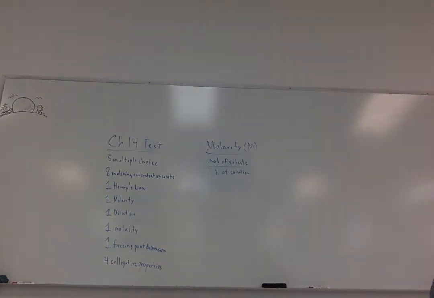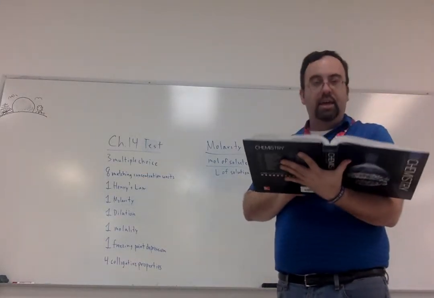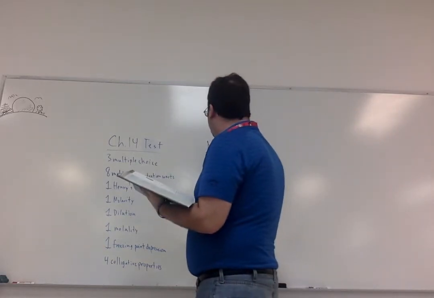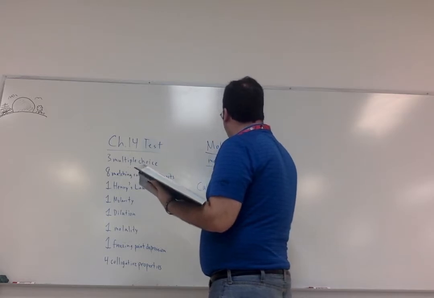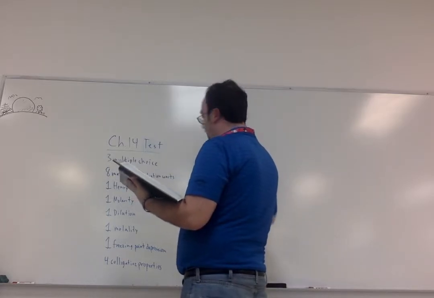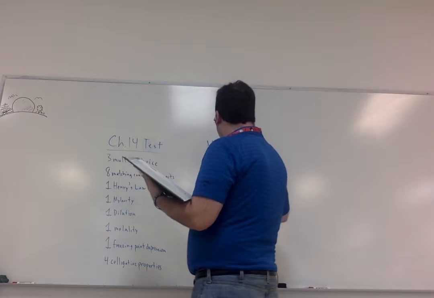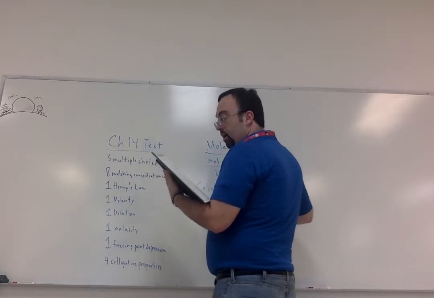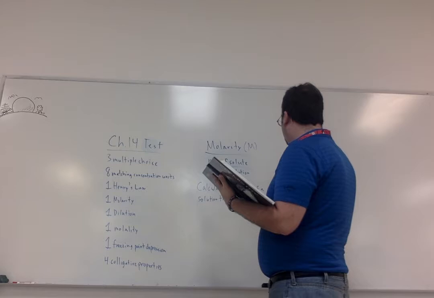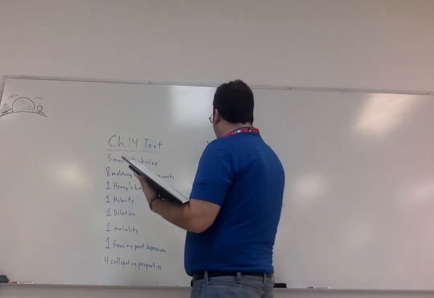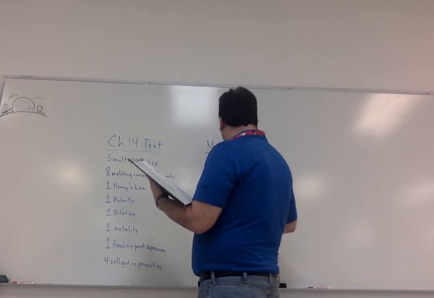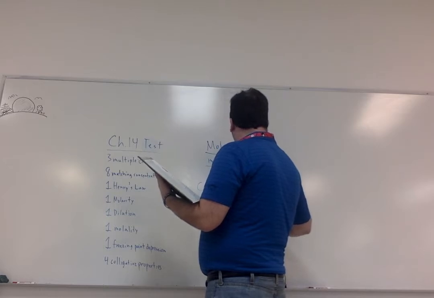And so here is our question. Calculate the molarity of a solution that contains 15.7 grams calcium carbonate dissolved in 275 milliliters H2O.